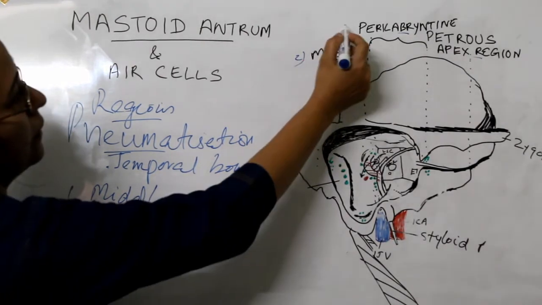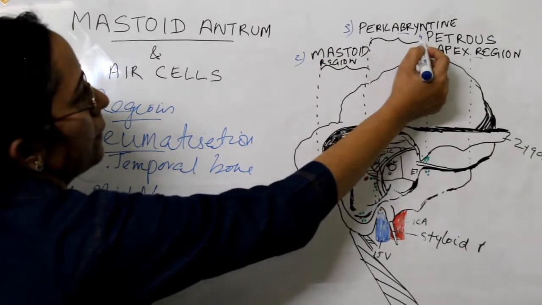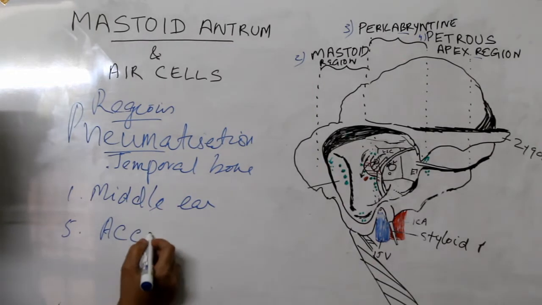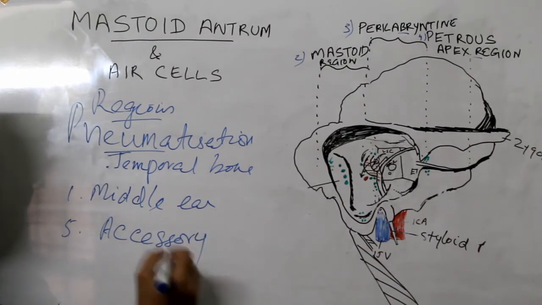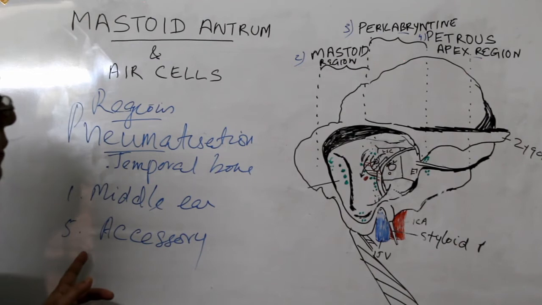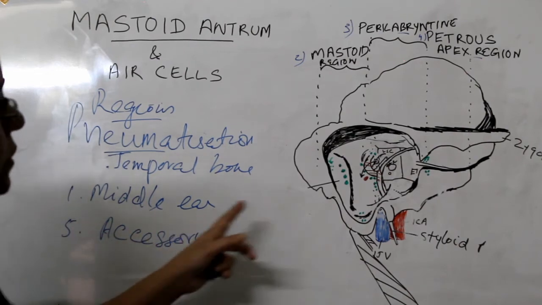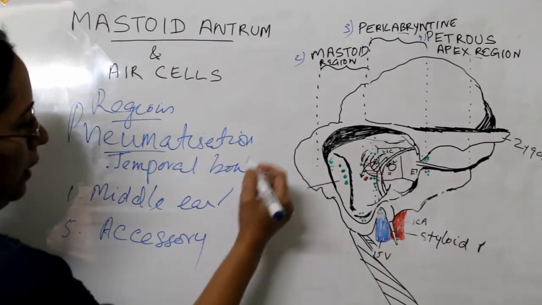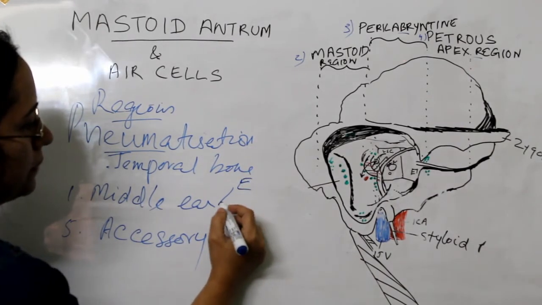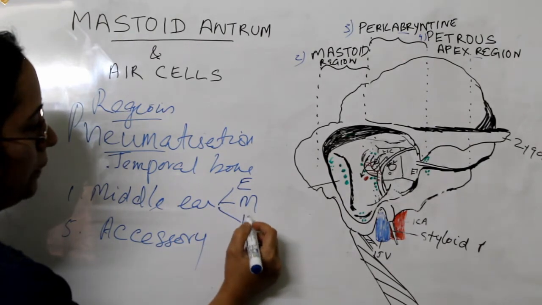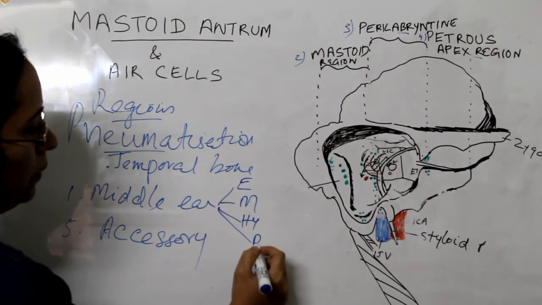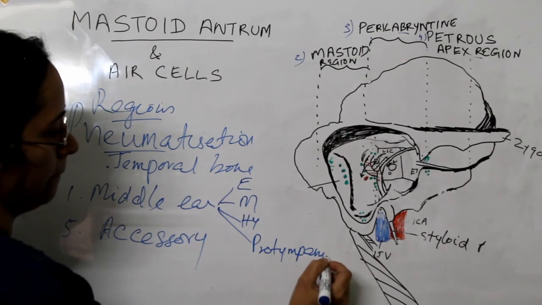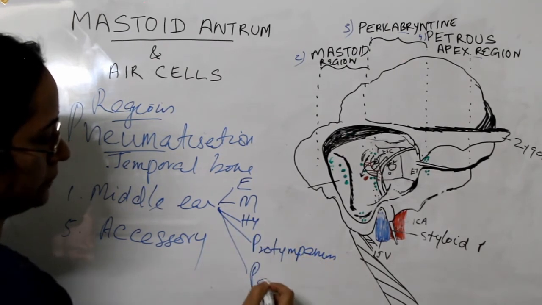The medullary region is again divided into epitympanum, mesotympanum, hypotympanum, protympanum and posterior tympanum.